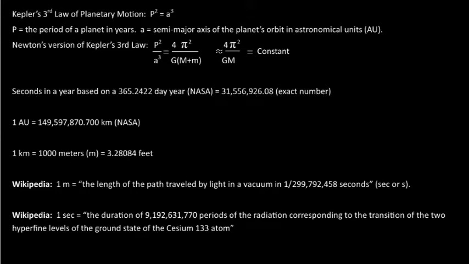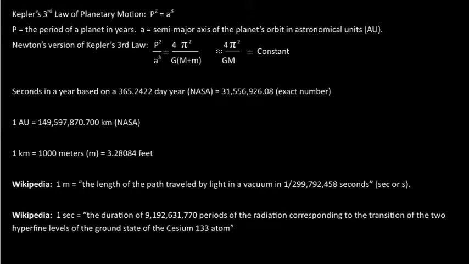And here are some other definitions. I put seconds in a year based on a 365.2422 day year. That's from NASA. And there it is in seconds: 31,556,926.08 seconds. That's an exact number.